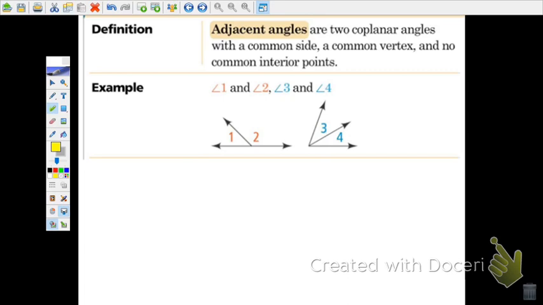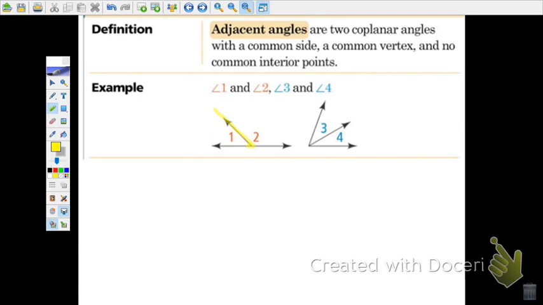When I look at the examples 1 and 2, angles 1 and 2 are adjacent angles. They have a common side, they have a common vertex, but no interior points. If I had some points up here, they'd either be in angle 1 or in angle 2. They're not overlapping and in both of the angles.